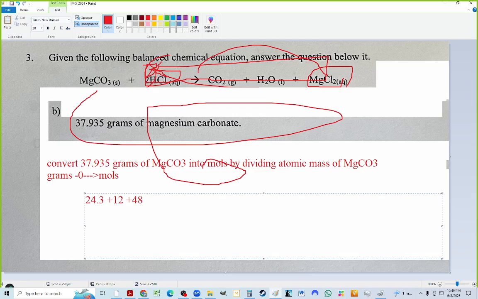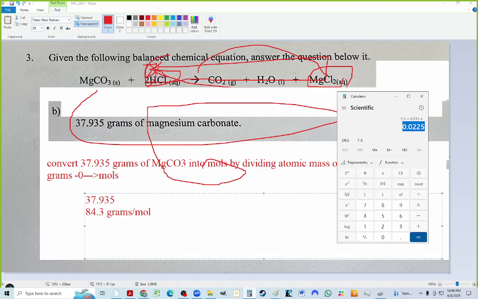That's 60 plus 24.3, which is 84.3. Right. So now I have to take 37.935 and divide it by that. It should be less than a mole because it takes 84 grams to make a mole.